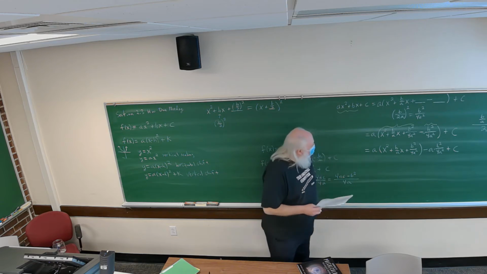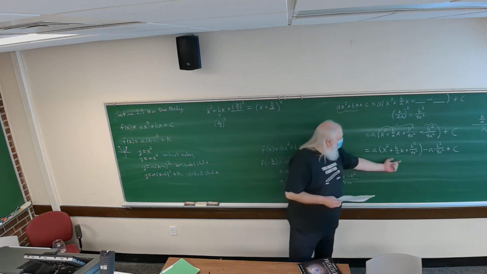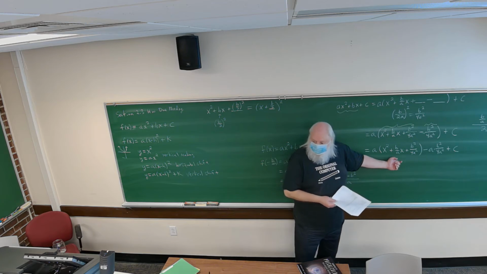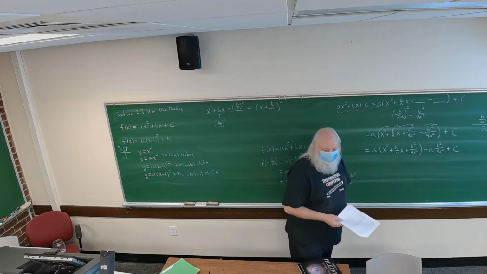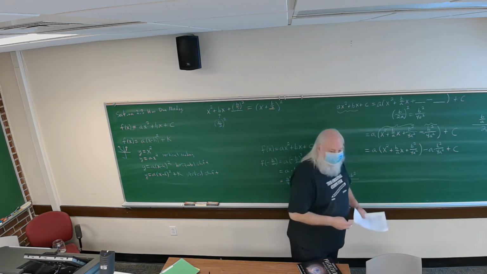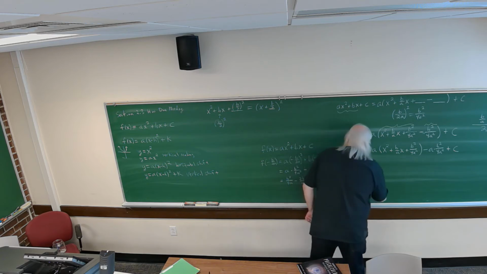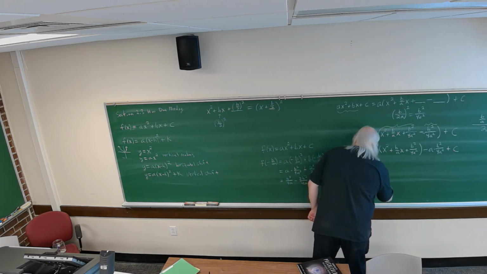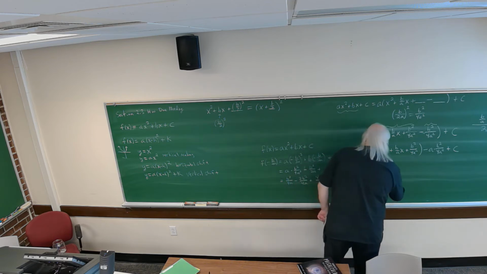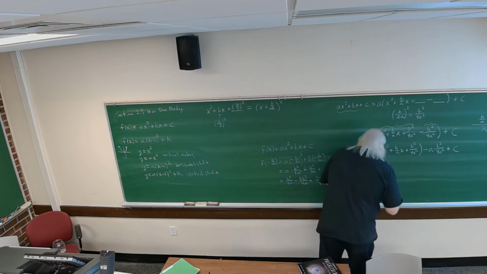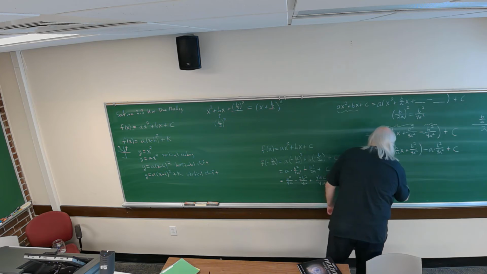Now, is this in parentheses a perfect trinomial? Yes. So it can be factored into a perfect square, just like we did with the standard form of the equation of a circle. So this is equal to a times x plus b over 2a quantity squared.